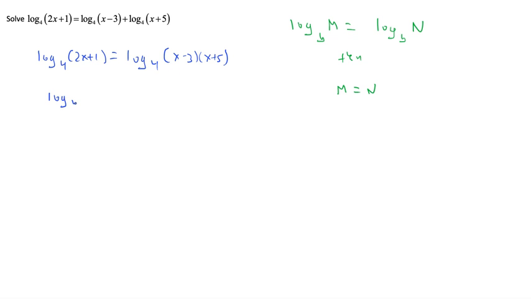So I get log base 4 of (2x + 1) equals log base 4 of, and when we properly FOIL this, we get x squared + 2x - 15.